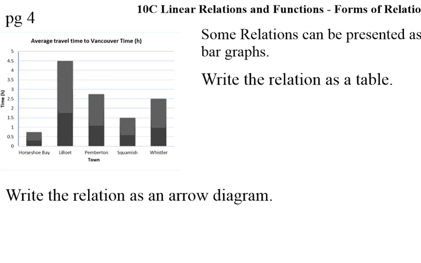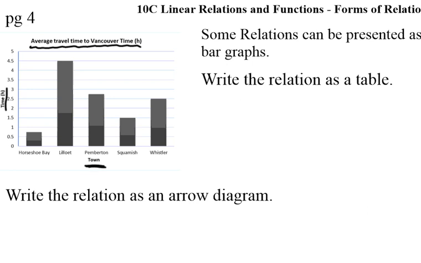Again, we have here a bar graph. Bar graph gives us information comparing, in this case, what's the relation? What are we comparing here? Well, look at the title. In this case, we're looking at the average travel time to Vancouver in hours from certain towns, and then it tells us how long it takes.